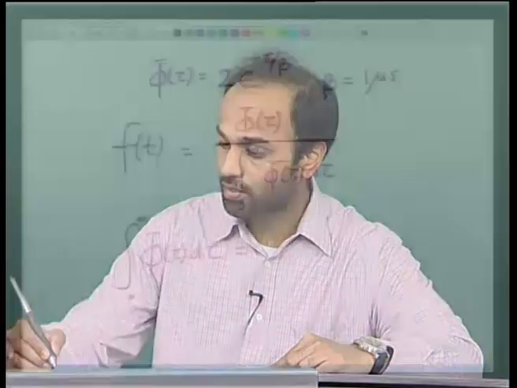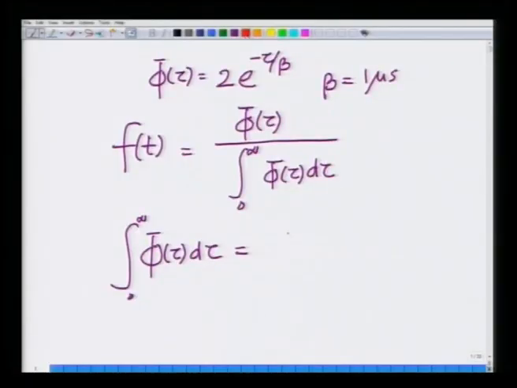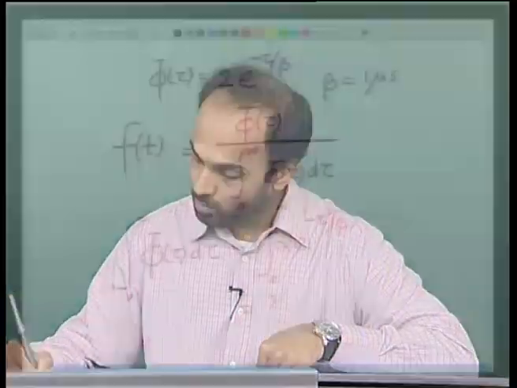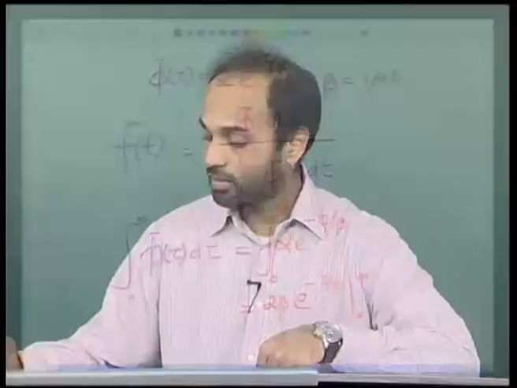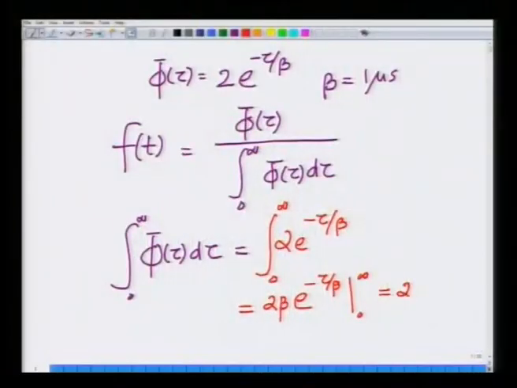Remember, this is nothing but the integral from 0 to infinity of 2 e power minus tau over beta, which is 2 beta times the integral of e power minus tau over beta from 0 to infinity. This is nothing but 2 beta.